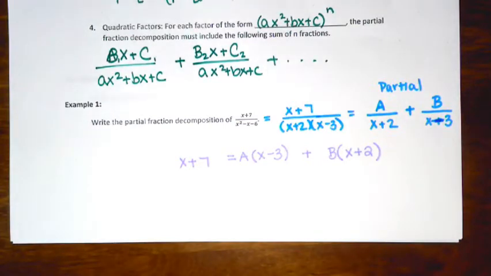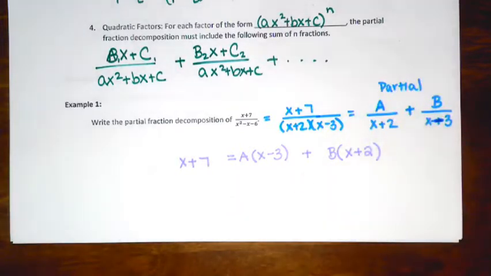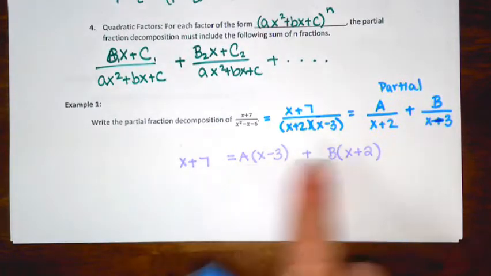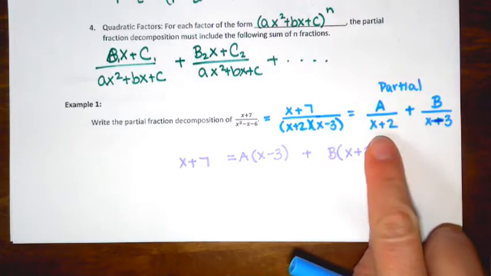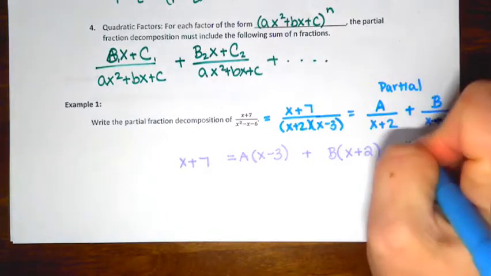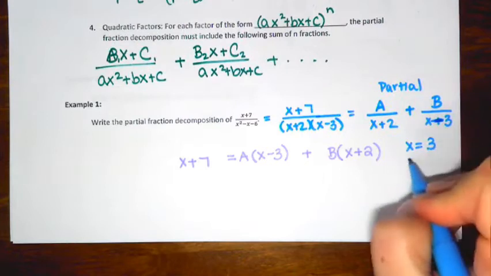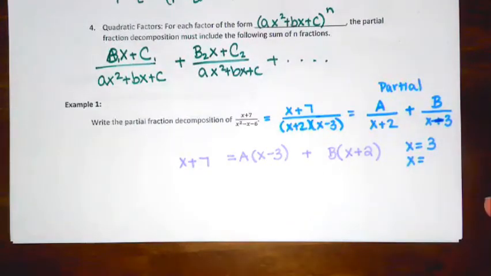Now, from this, we need to know what a and b are to get to these actual partial fractions. To be able to find my a and b here, let's think about this. Since these are linear, what are my solutions for x? x could equal a positive 3, or x could equal negative 2.